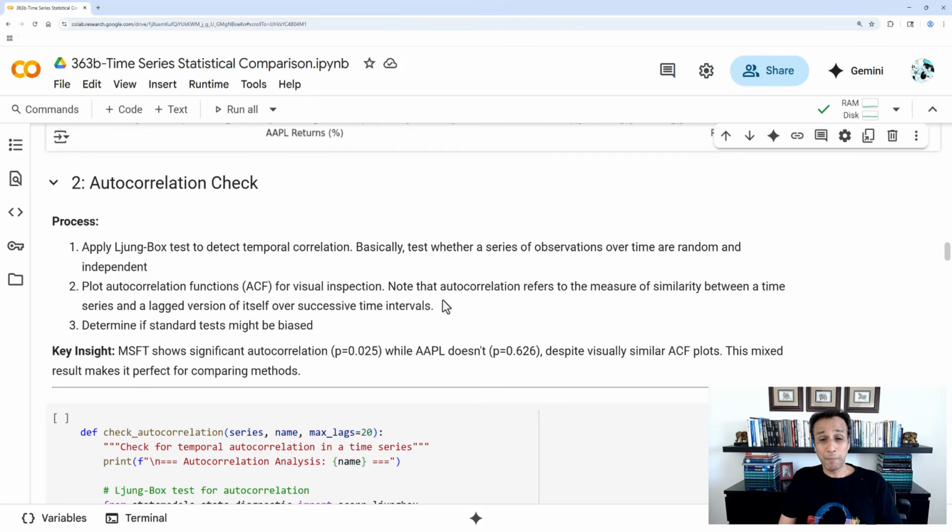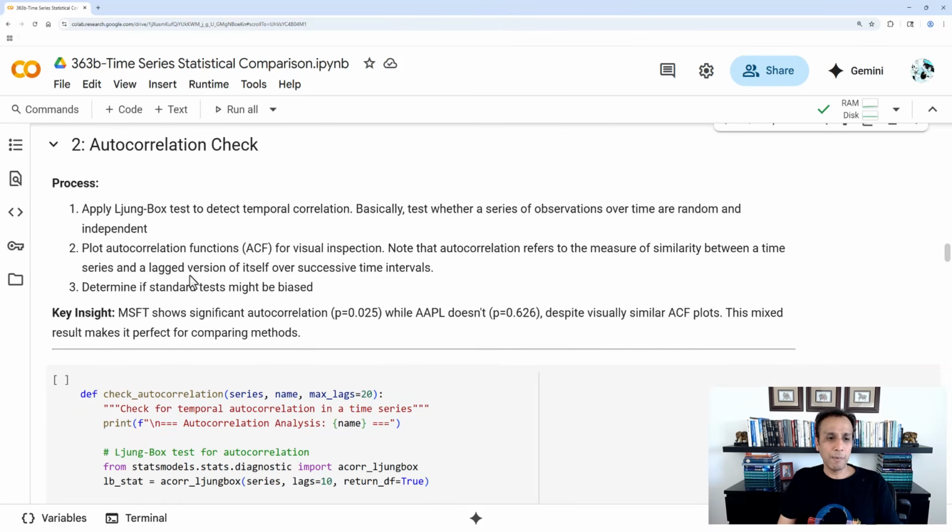In case you don't know, autocorrelation refers to a measure of similarity between a time series and a lagged version of itself. Like, if you fast forward 10 days, what is the similarity between these two for that same data set, over the next few intervals? I hope that makes sense.